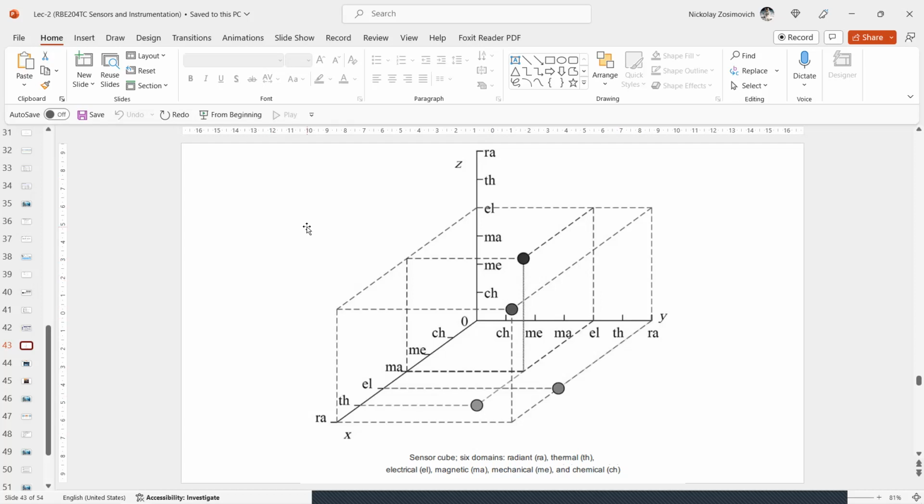The practical value of such a representation is rather limited. It may serve as the basis of the categorization for overviews or as a guide in the process of sensor selection.